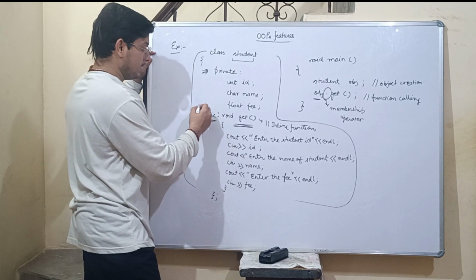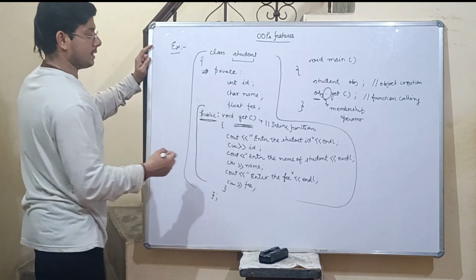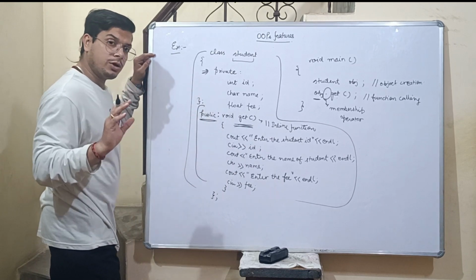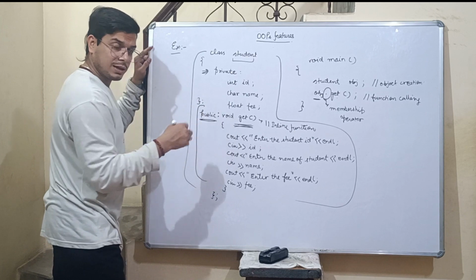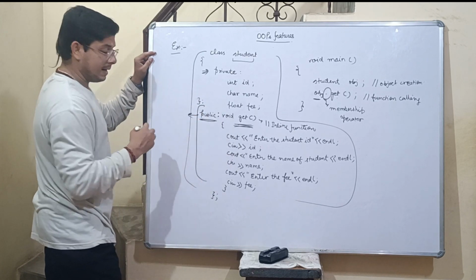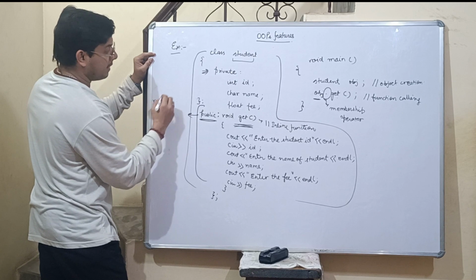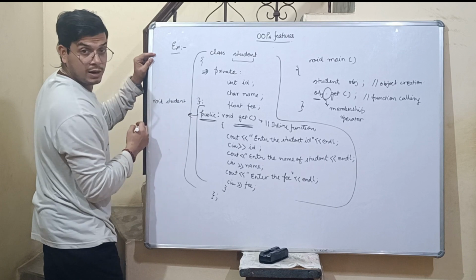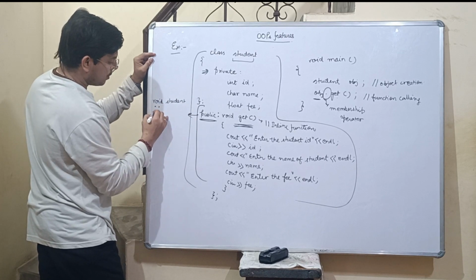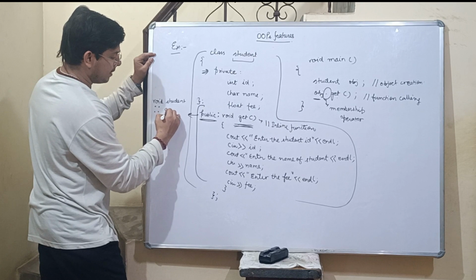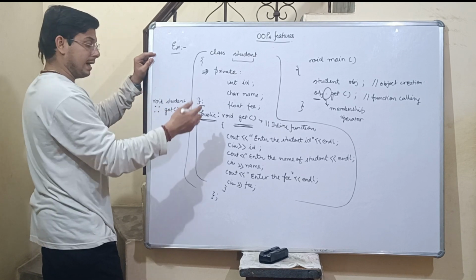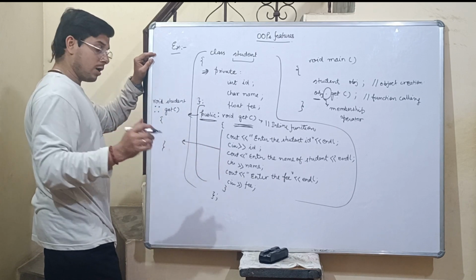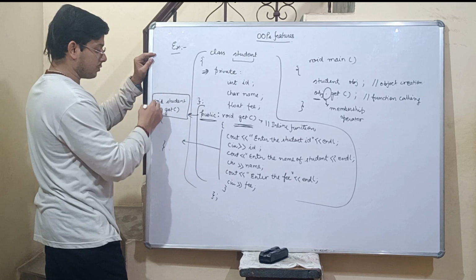Suppose we have to declare this function outside of the class. If the class is ending here and you need to declare the function after the class, then this line will be like void, class name student, and then this and get. This will declare it and the whole thing will come here.